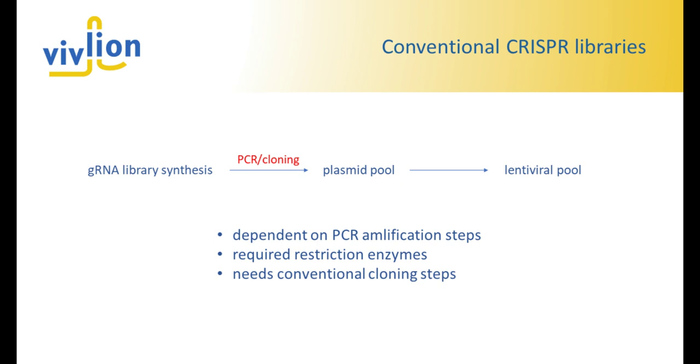So now that we have our PCR product, we need to digest it with restriction enzymes, or we do homology-based cloning. Nevertheless, we have to take our PCR product and put it into an opened plasmid. And this is the second problem, which is basically cloning artifacts.